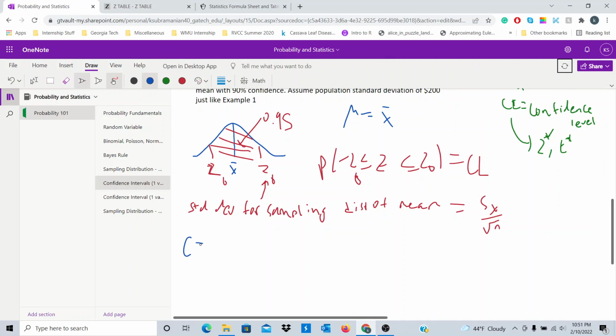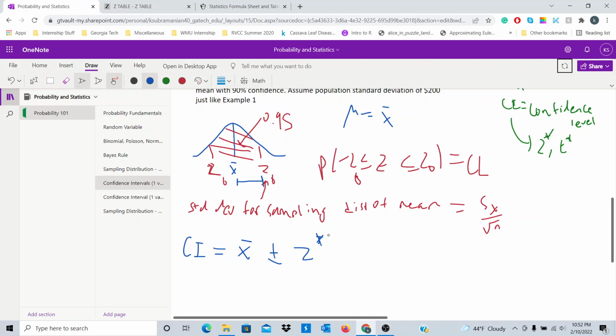To calculate the confidence interval for the sampling distribution of means, we take the sample mean, plus or minus, and our margin of error is going to be whatever this distance is. This distance is the number of standard deviations times the standard deviation itself. Based on our confidence level, we will get a z star, assuming normality, that the central limit theorem works.